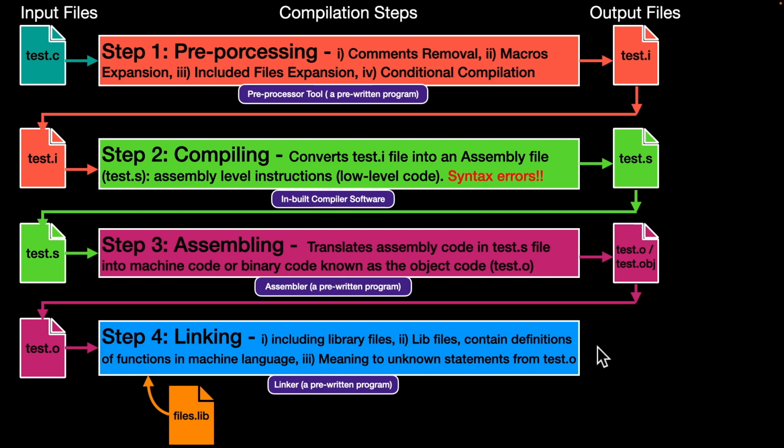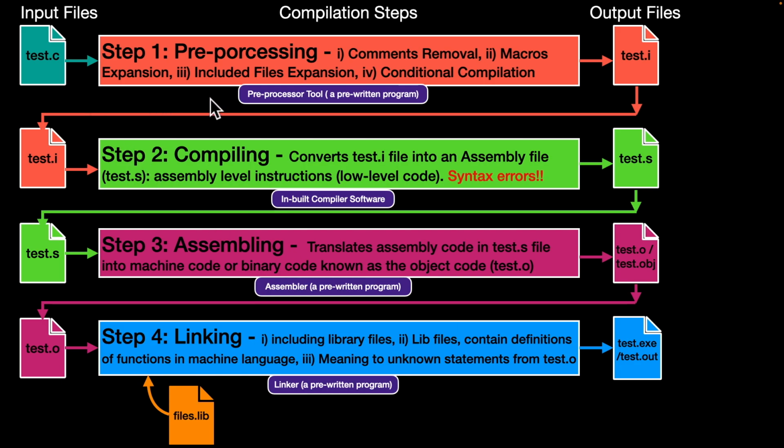So at this stage, a linker takes test.o in our case as an input and links all the library files into our code and generates the executable, which is test.exe in Windows operating system and test.out in Linux operating system. Our initial input file is test.c and our eventual output file is test.exe, which is the executable file.